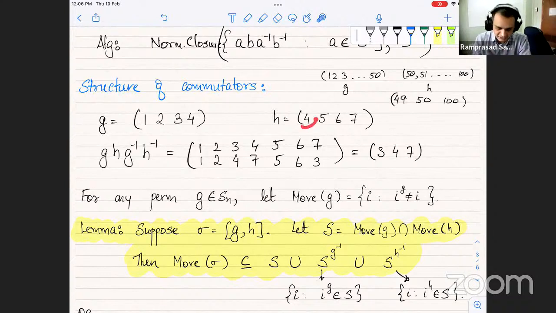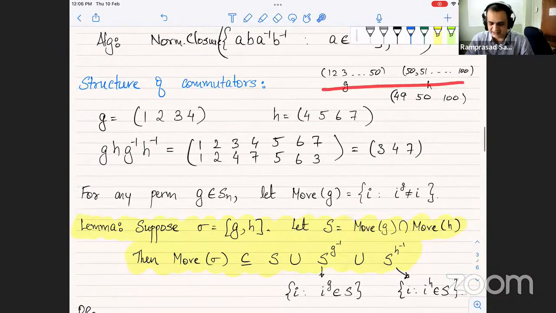And what's the pre-image of this set under H? It's 7. So the only 3 elements that can move are 3, 4, and 7. And by the same argument, the common set was just 50, the pre-image under G was 49, and the pre-image under H is like 100.